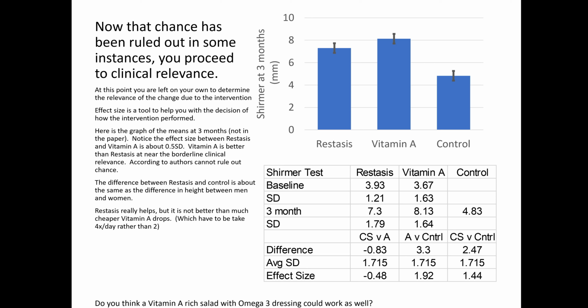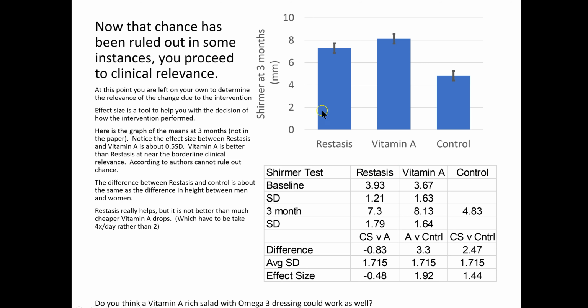Now, there wasn't a statistically significant difference in adverse events, but if you look at Restasis, 5 of the 50 people dropped out due to adverse events, whereas only 2 dropped out in the vitamin A group and 1 in the control. Now, that's not statistically significant, but it's also not giving a reason to hang on to Restasis as a reasonable alternative.